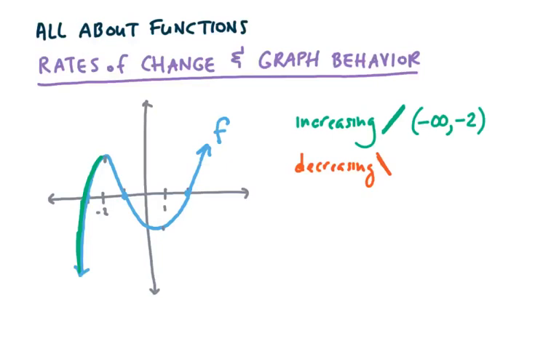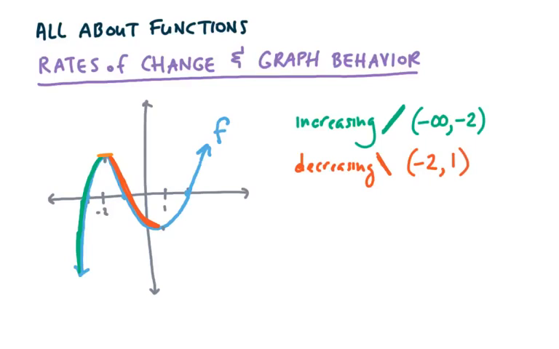And I'm using a parentheses at -2 because right at -2 for a split second, the slope is actually going to be 0, because then it switches to be decreasing after that point. So then it switches to go downhill for a little while. So I could describe that red space that I just outlined on the function to be the space between, but not including, -2 and 1.